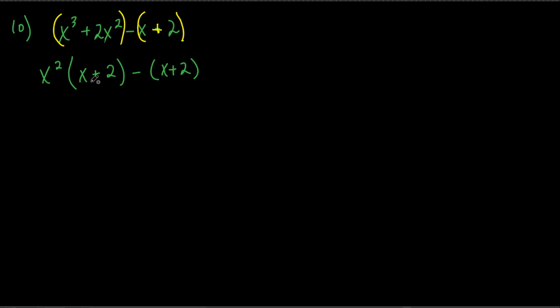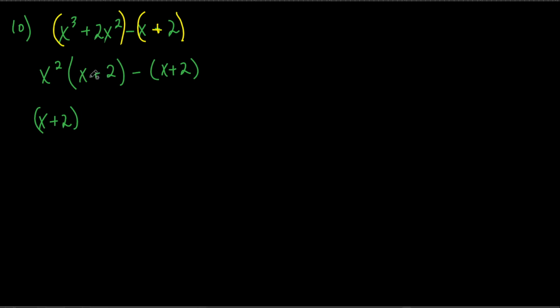Now take a look at this next step. I have an x plus 2 in common. Remember, we're looking at this term, right? The terms are separated by pluses and minuses. So I'm looking at that term and I'm looking at that term. There is something in common with both of these. They both have an x plus 2. So what am I going to do with that? I'm going to factor out the common factor, an x plus 2. I'm going to divide out by an x plus 2.